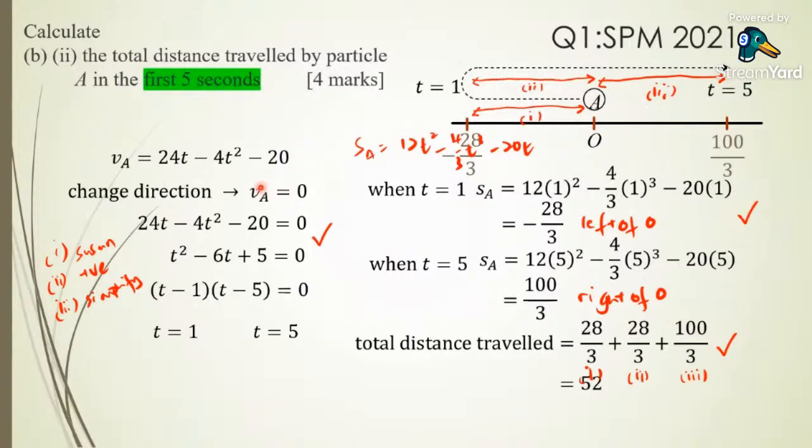Benda pertama, sebelum kita cari displacement, we have to find whether that particle change direction ke tidak. Awak memang kena cari. Kalau rezeki dia tak change direction, rezeki awak lah. But you have to find when did the particle change direction. How do we find the particle change direction ke tak? Then, bila dia change direction, maksud dia bergerak kan? So, when it moving, tiba-tiba dia stop.